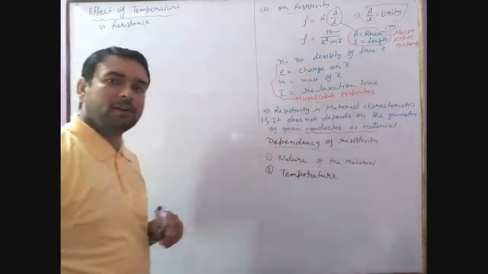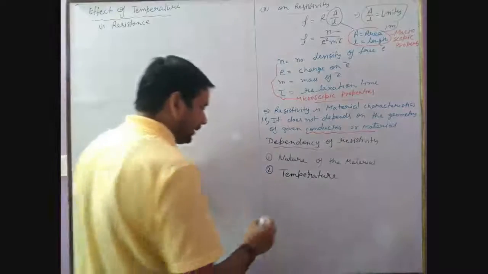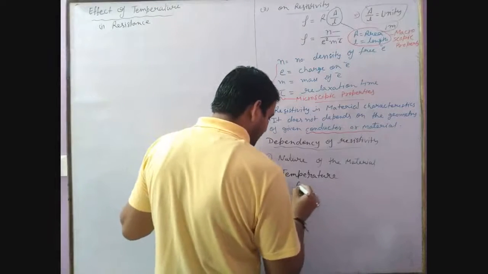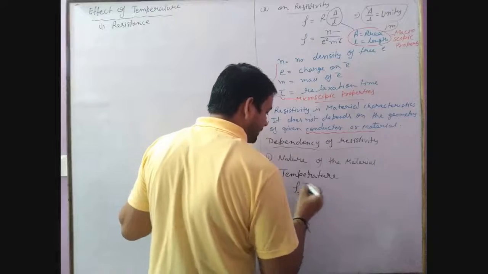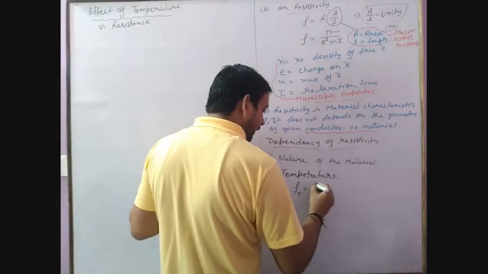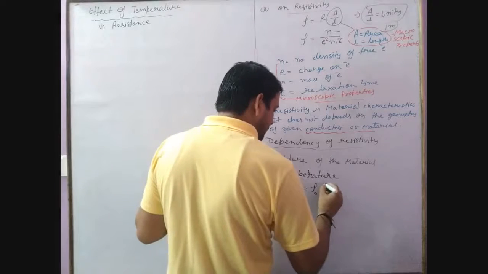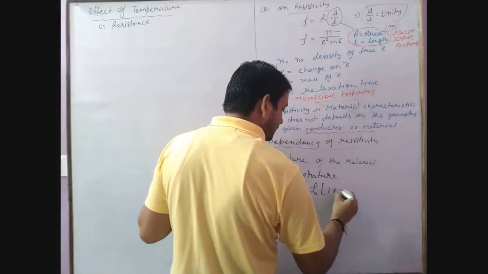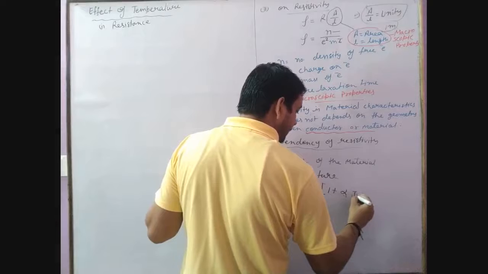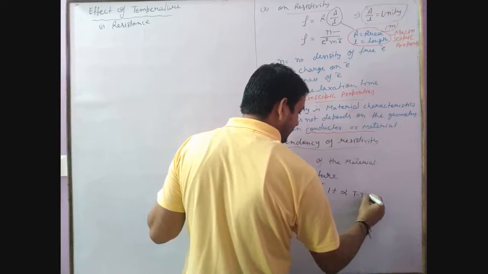How does it depend on temperature? So resistivity at temperature T is given by resistivity at room temperature times 1 plus alpha (T minus T naught).